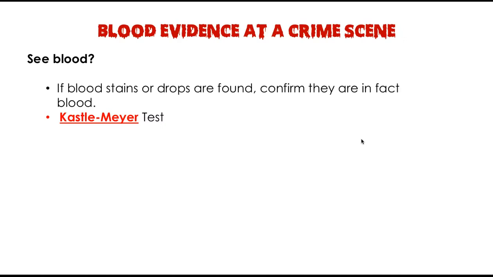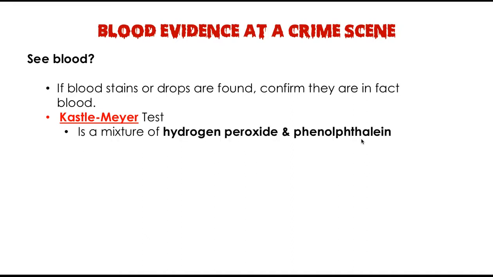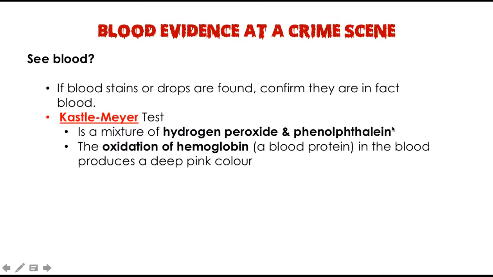So how are we going to do that if we can see it? If blood stains or drops are found, we need to confirm that it's indeed blood, and you can do this with a Kastle-Meyer test. Now, this is a mixture of hydrogen peroxide again, but a different chemical called phenolphthalein. Now, the oxidation of hemoglobin that happens with the hydrogen peroxide in the blood produces a deep pink color.